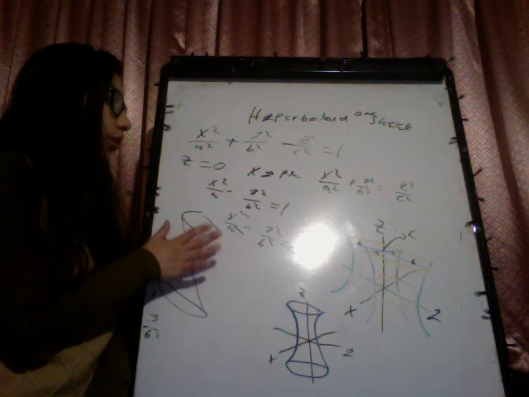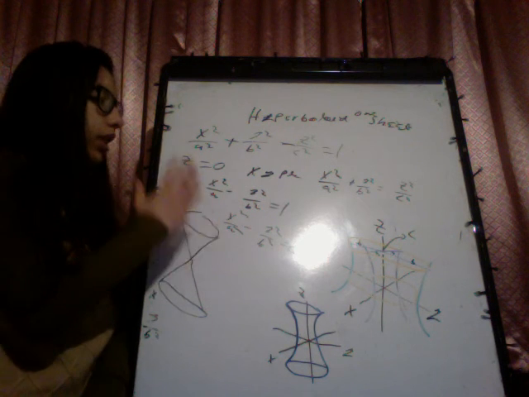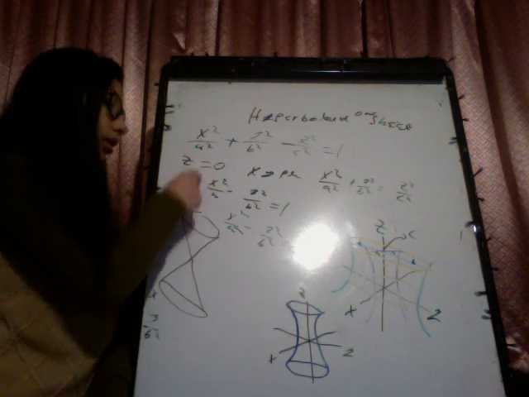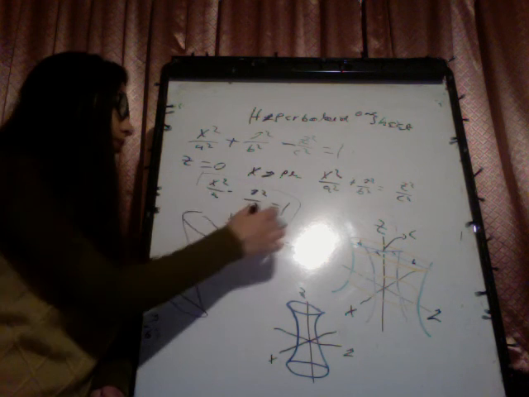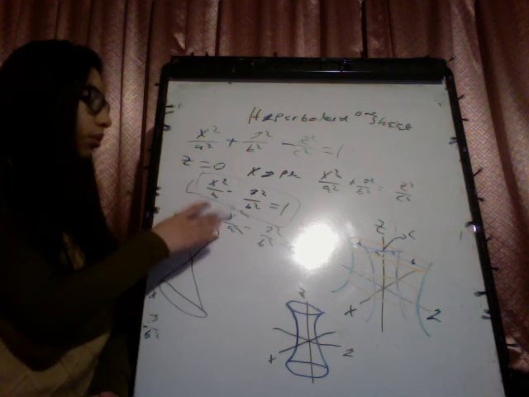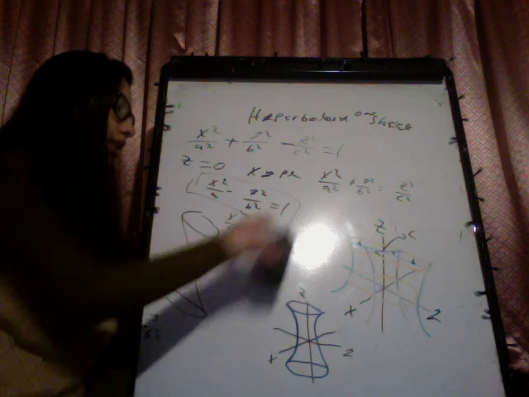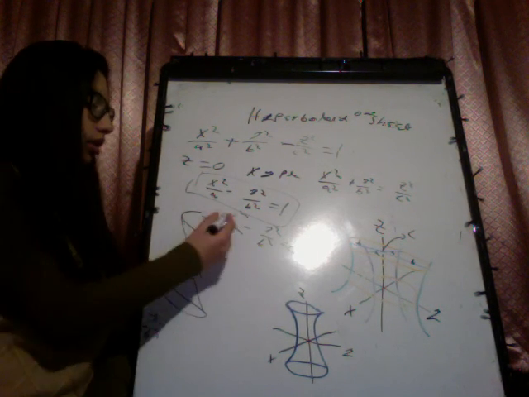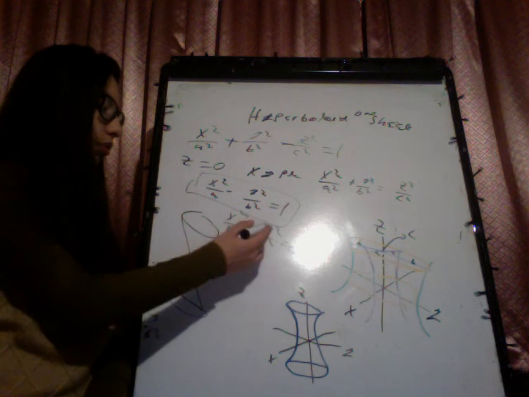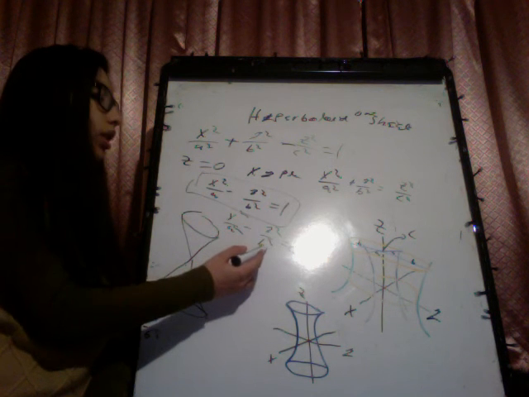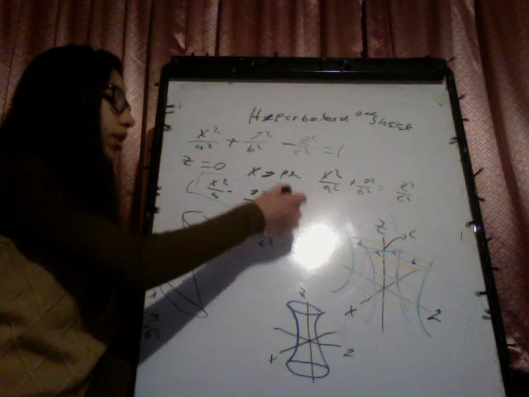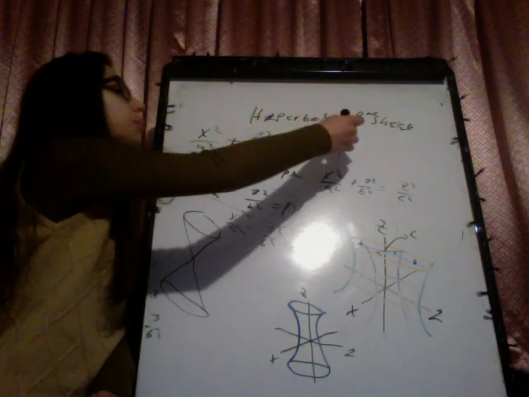In the xy plane, this is the equation of the hyperbola, and it is asymptotic to the lines x squared divided by a squared minus y squared divided by b squared equals 0, if you put a 0 here.